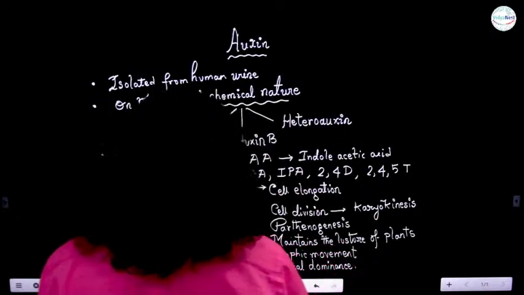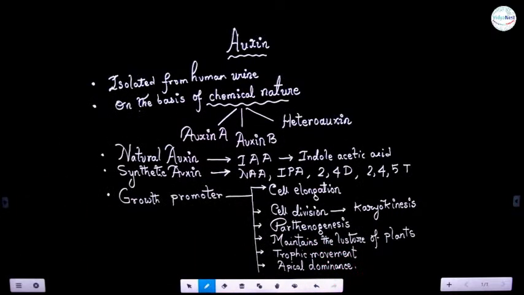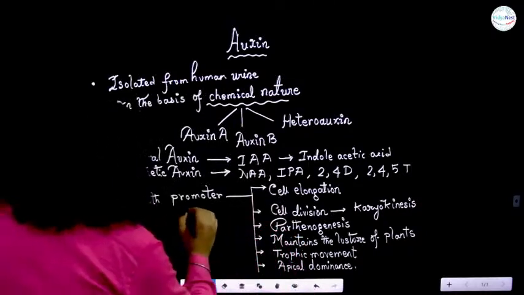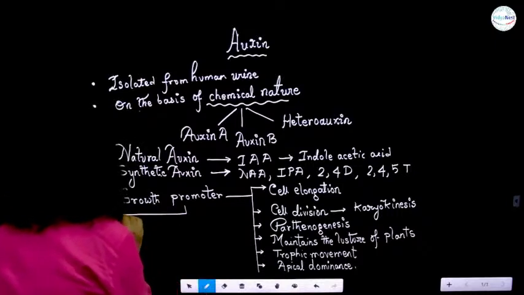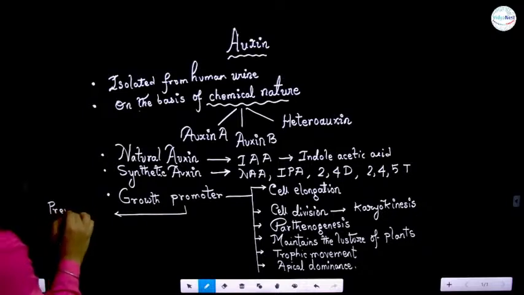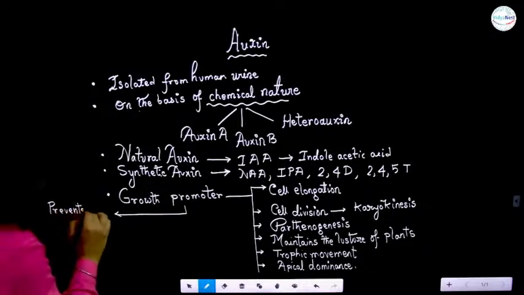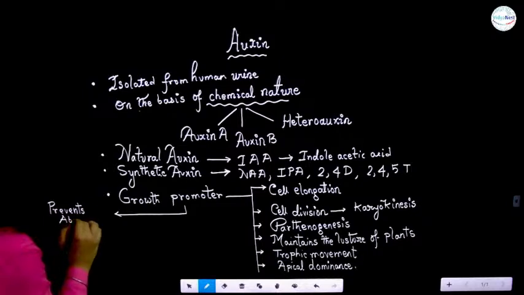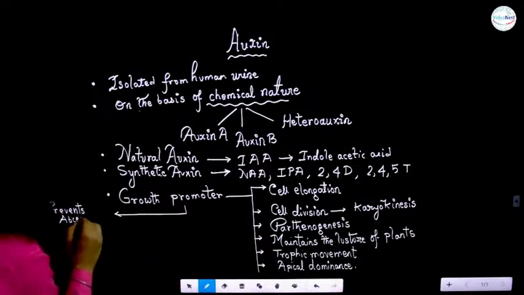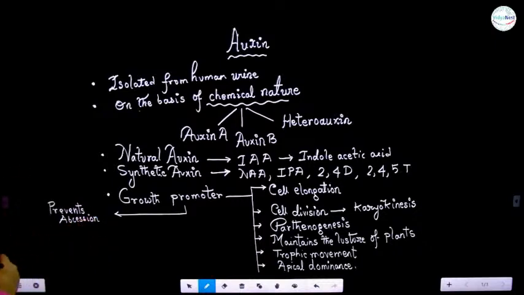So there are a number of functions. Along with that, some of the other functions, like it prevents abscission, which is the function of abscisic acid. It prevents abscission of leaves.